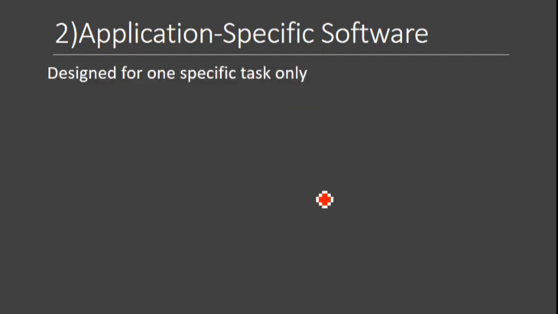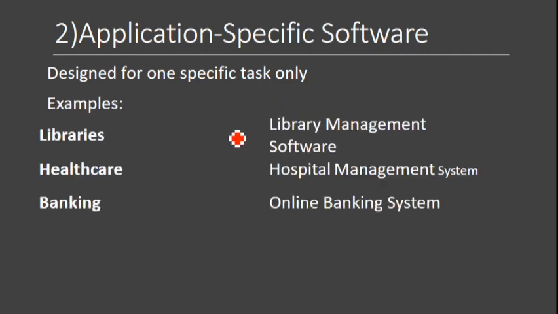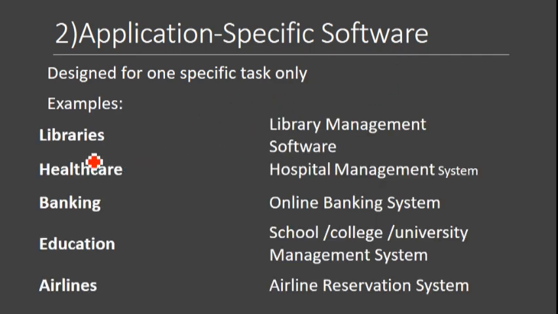The second one is application specific software. As the name itself says, it is software designed for one specific task only. For example, library application specific software is used to maintain library management only: how many books are there, how many books are issued.